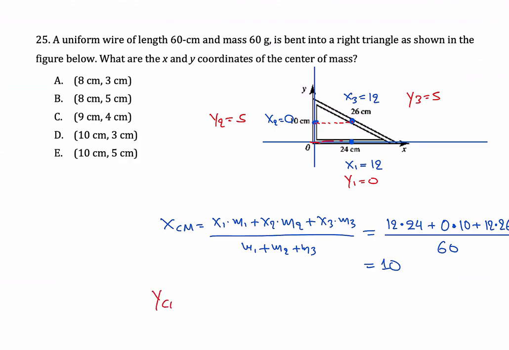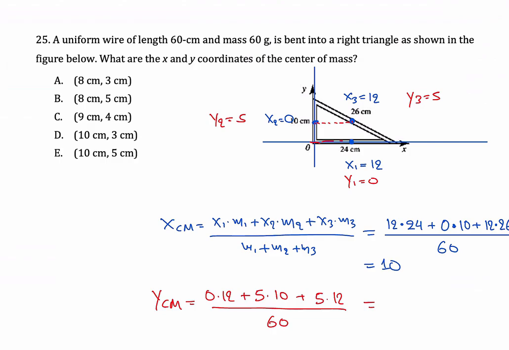So the y of the center of mass is, in a similar way, y1 m1, so 0 times 12, plus y2 times m2 plus y3 times m3 divided by the total mass, which is proportional to the length, so 60. So 50 plus 60, it is 110.